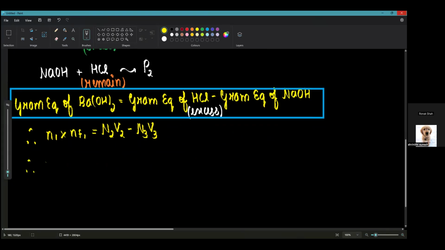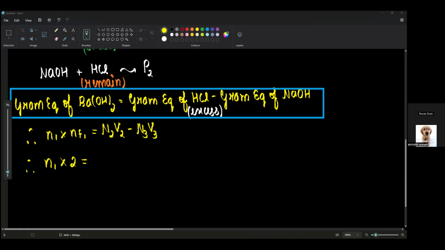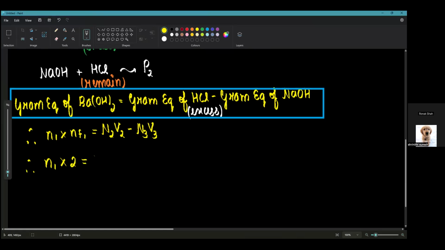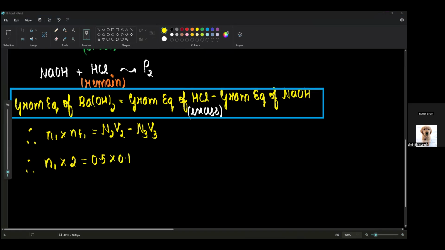So the number of moles is what you have to find. The N factor for Ba(OH)2 is 2. The normality of HCl is 0.5 and the volume is 100 ml, which is 0.1 liter, because we have to convert to liters.